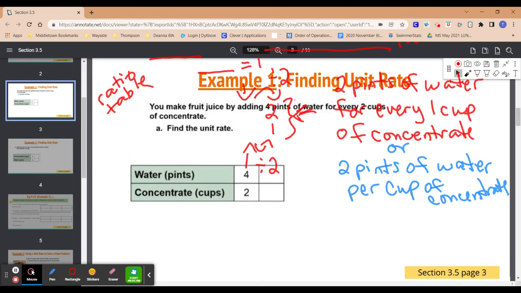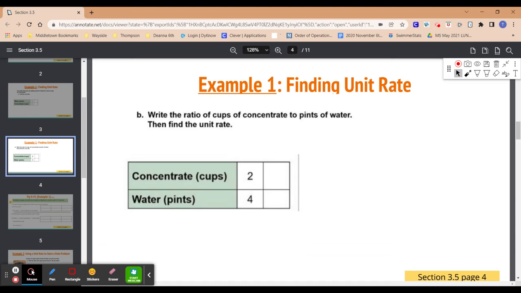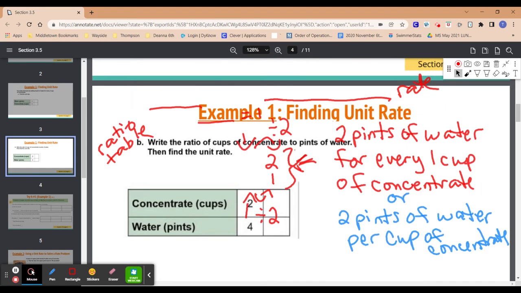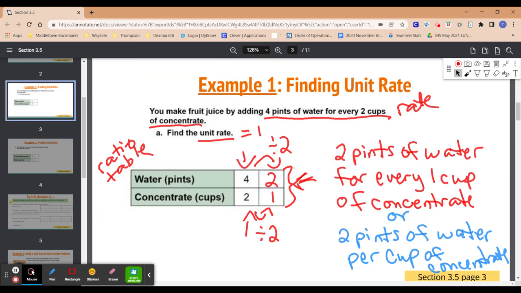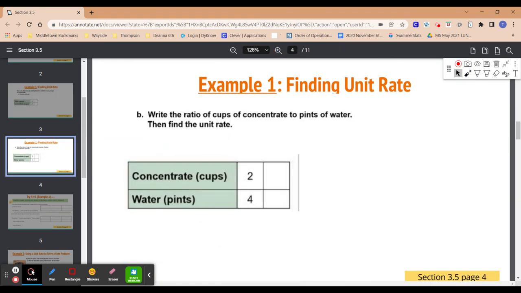Let's go to example 1, problem B. If you look back at problem A, it gives us water to concentrate. It says 4 pints of water for every 2 cups of concentrate. But now they're reversing it. So now it's saying concentrate cups to water pints. They now say write the ratio of cups of concentrate to pints of water.